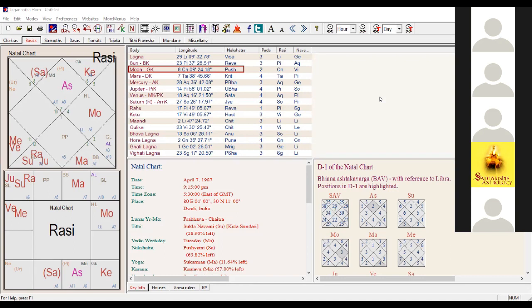Now another concept says it will connect only to the house where Saturn is located. So by that, the moon connects with the second house only, with the nakshatra. And with the other point of view, they say the moon is connected with the second house, 4th and 5th also.